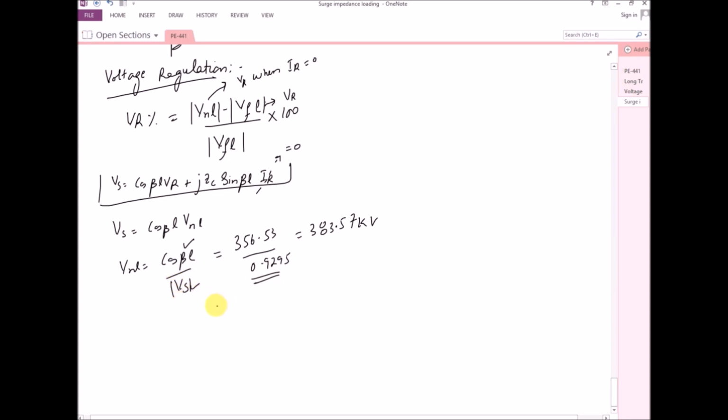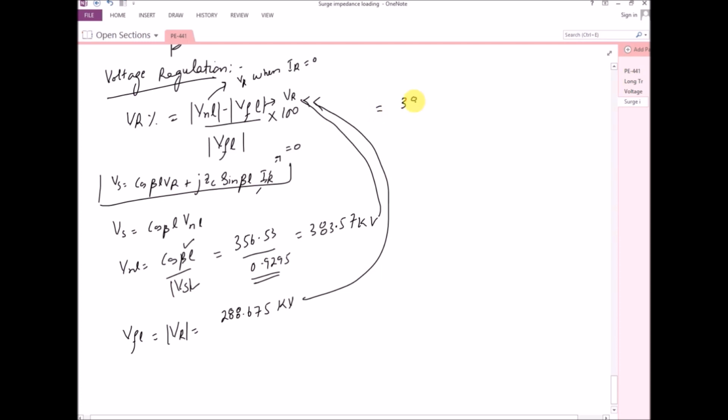Okay, now this was at no load. At full load, V full load we already know, which is VR. So taking the magnitude of VR, that would be 288.675 kilovolt, and putting these two values in the voltage regulation equation, that will become (383.57 minus 288.675) divided by 288.675, into 100.